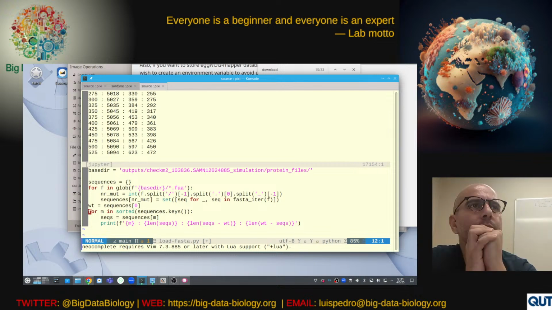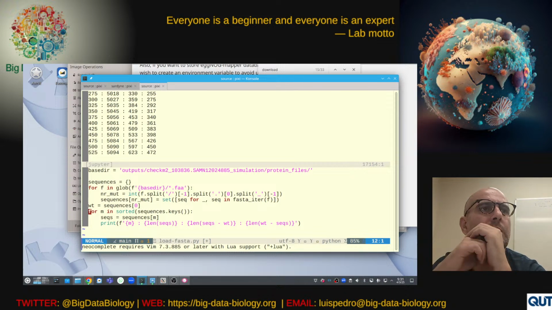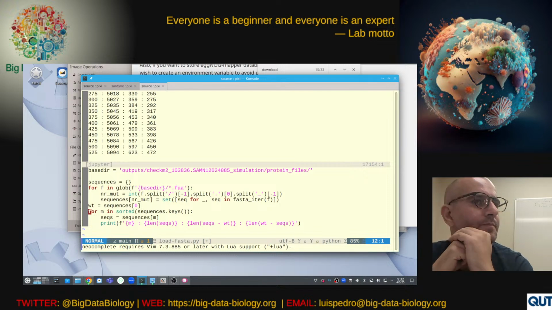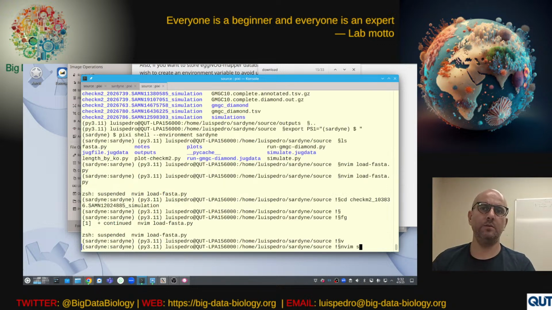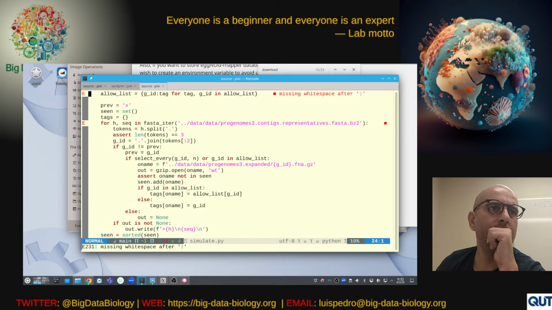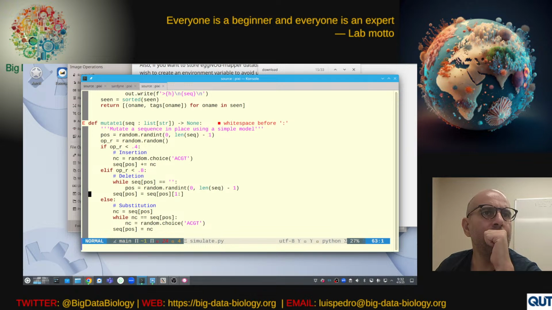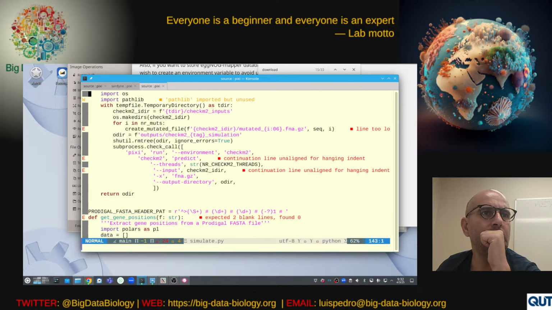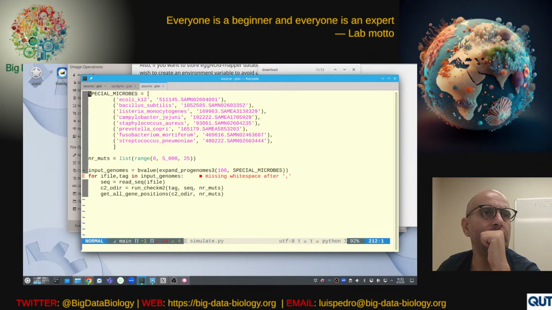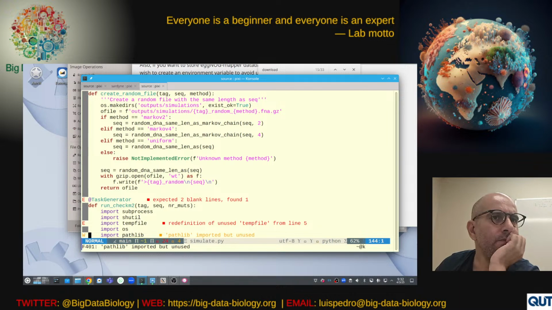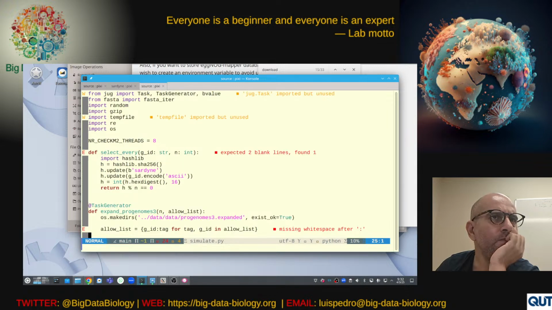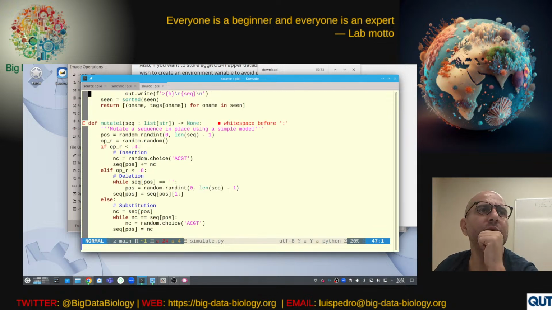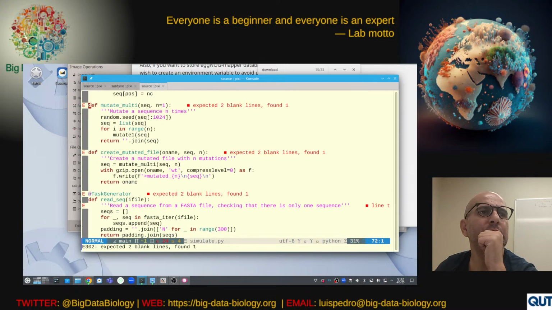I'm sorry, I'm a little bit confused about what's going on, because the difference between 0 and 25 should be much smaller.